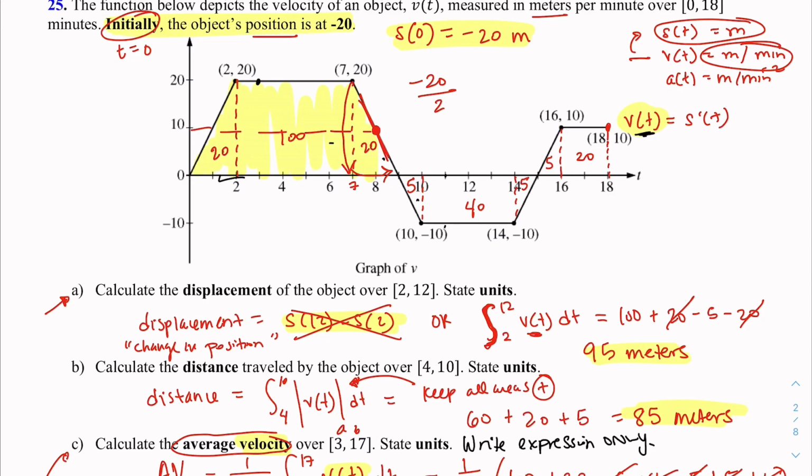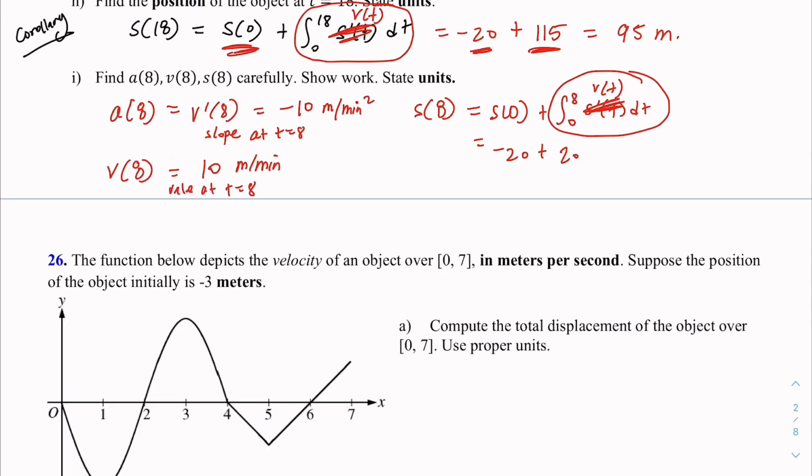So it's going to be negative 20 plus 100 plus 15. These 20s will cancel, and our final answer is 115. Since we're talking about the position at time 8, our final answer will just be in meters. So observe, we have meters, meters per minute, and then meters per minute squared.